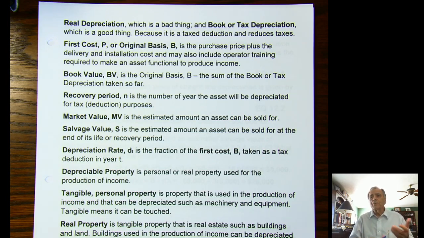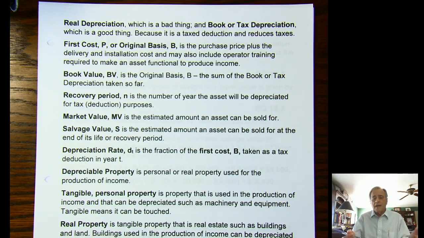You cannot depreciate that and take a tax deduction because of that refrigerator, assuming you're not using it as part of a business. However, that same model refrigerator in a restaurant that's trying to make money, is trying to produce income with that refrigerator, that is depreciable property.